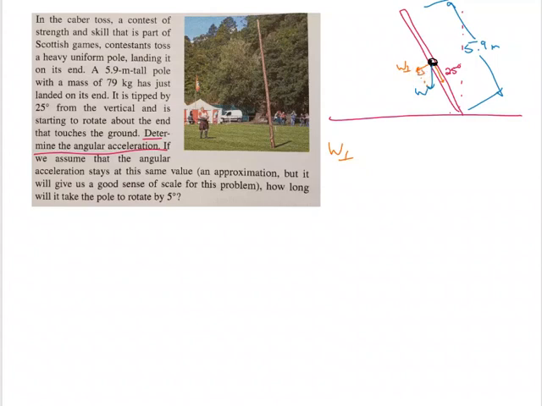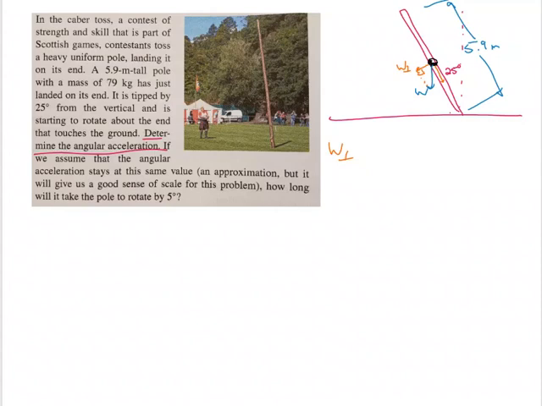Now, the only angle that we know here is the 25-degree angle from the vertical, right? So where is that 25-degree angle in our little right triangle that we just drew? Is it next to the center of gravity, or is it down at the bottom of the triangle? I think it's next to the center of gravity.